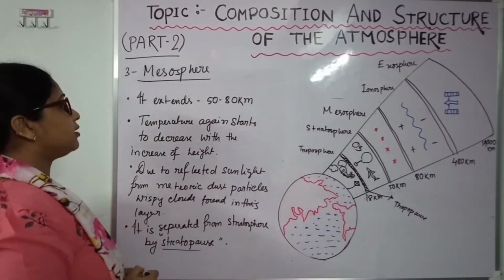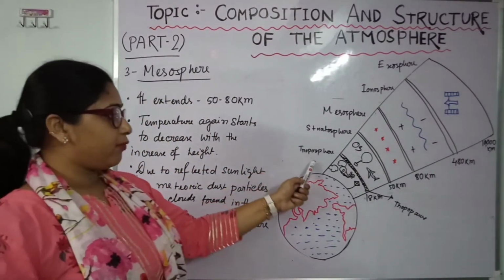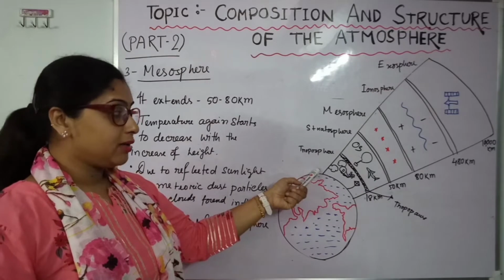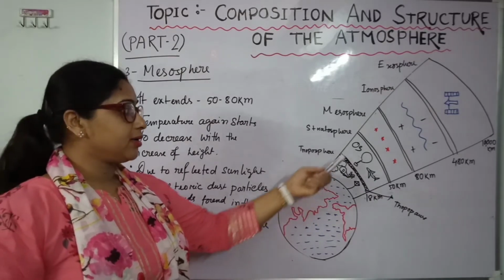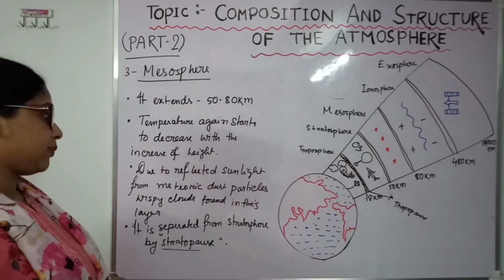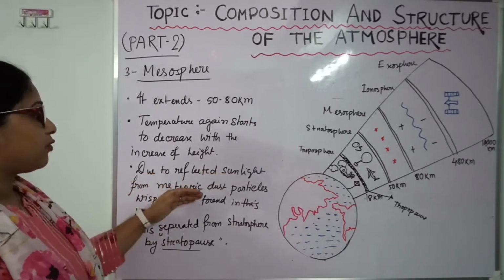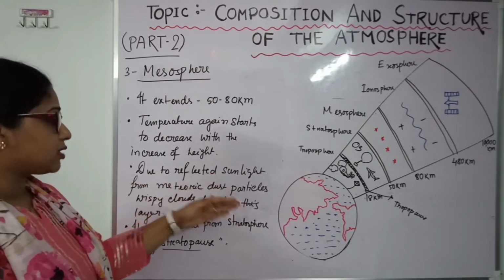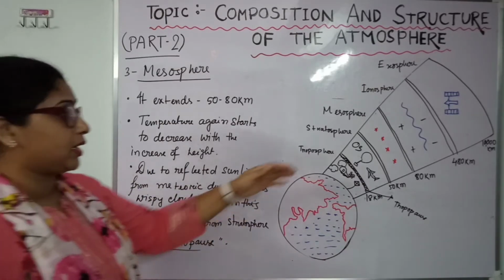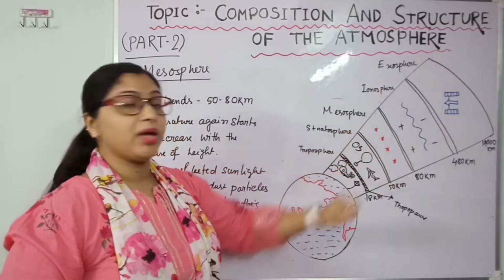The most important thing is that in the troposphere layer temperature decreases with height, while in the stratosphere temperature increases. Next, due to sunlight reflected from meteoric dust particles, wispy clouds can be seen in this mesosphere layer.